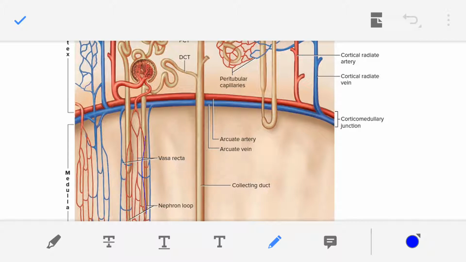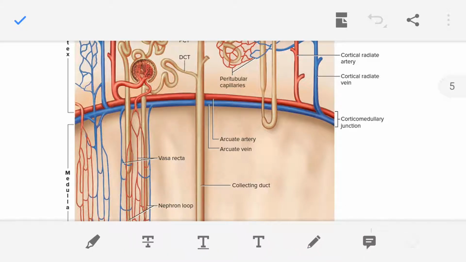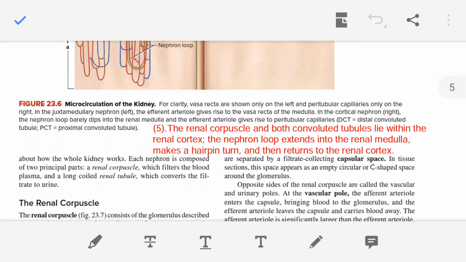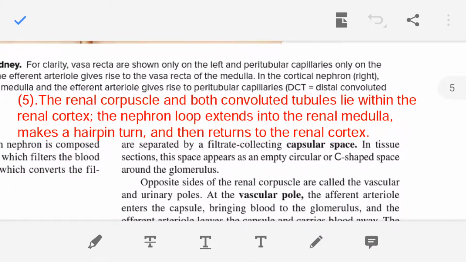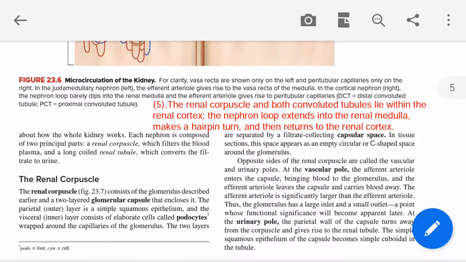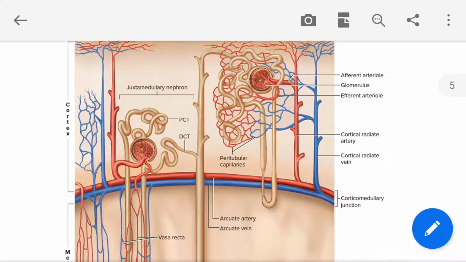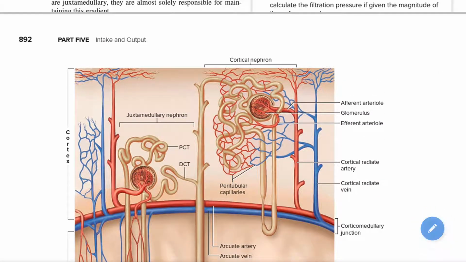The ascending part once again enters into the cortex, and now the renal tubule becomes convoluted, the coiled portion known as DCT. So this is the fifth point, and this is the figure.